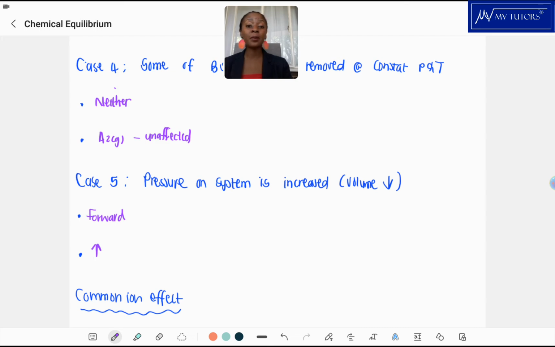When you talk about yield, in this case A2 is a product, so will the yield be a lot or a little? You can use the term yield, especially if they want to know about a product. Please explain it well in full sentences. Here I'm explaining it so that you understand it, but when it comes to writing it down, do the things that will get you the marks.